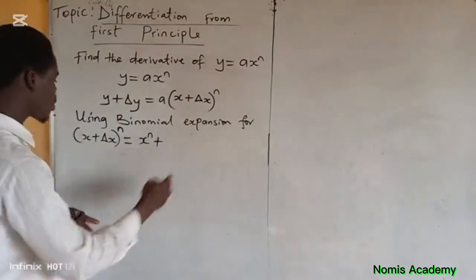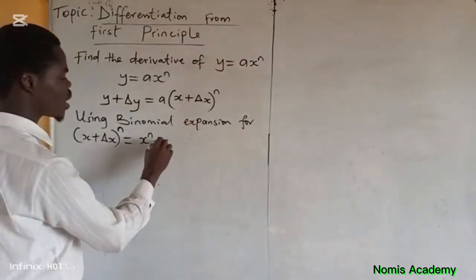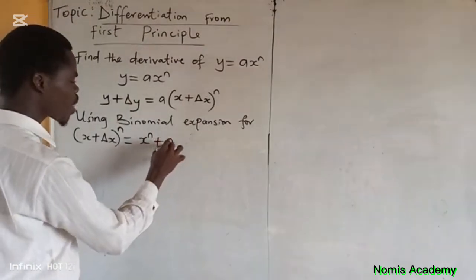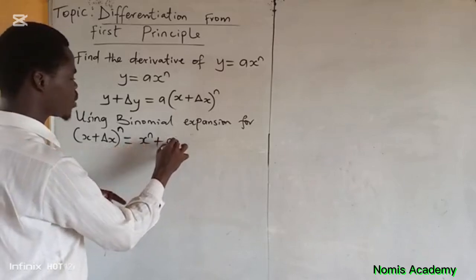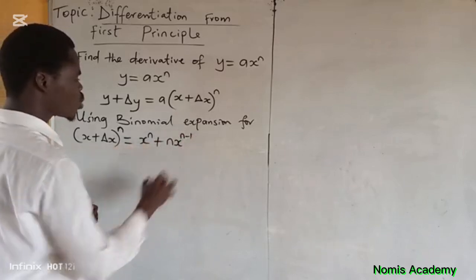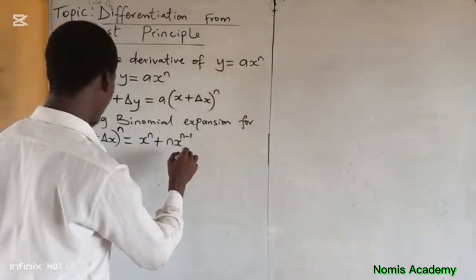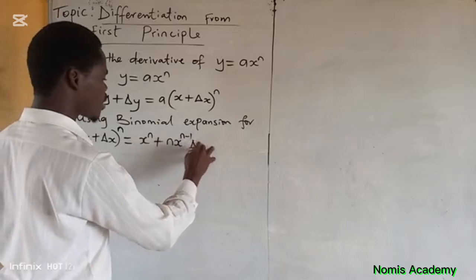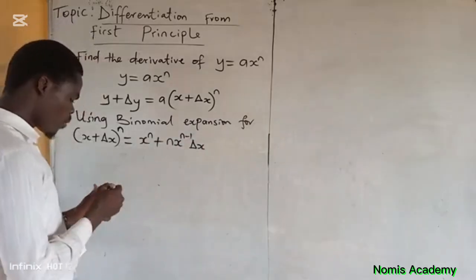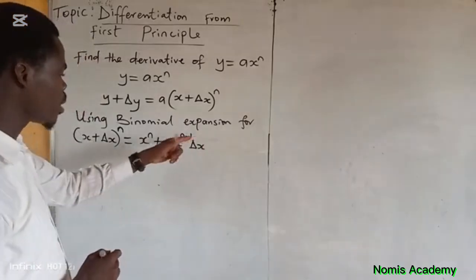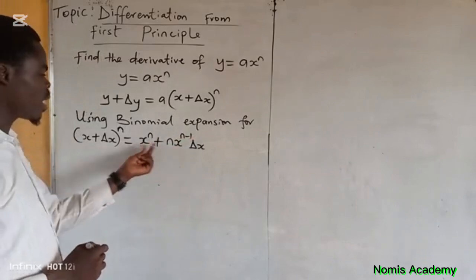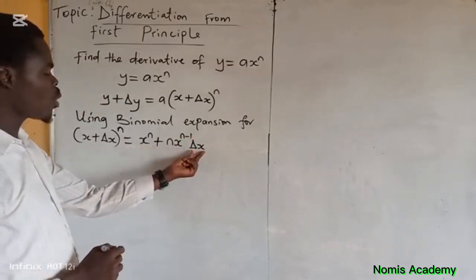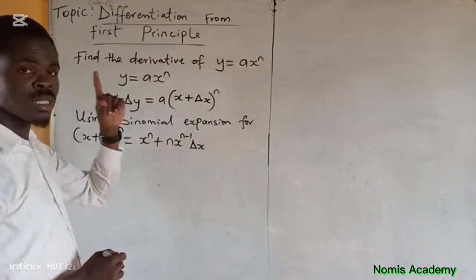Then going to the second term, we have the coefficient, which is n, and then the power of x decreases to n minus 1, and then we have delta x, whose power is 1.